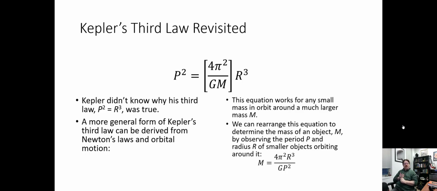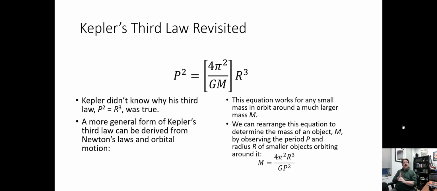We know what the gravitational constant is because we can do experiments on the Earth to derive that. The most famous would be backwards engineering the Cavendish experiment.